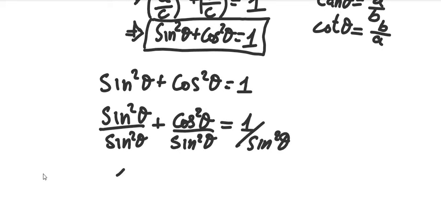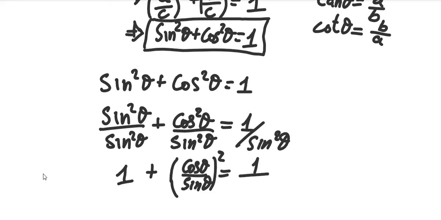Here I will obtain 1 plus (cos theta divided by sine theta) all squared, will be equal to (1 divided by sine theta) all squared.